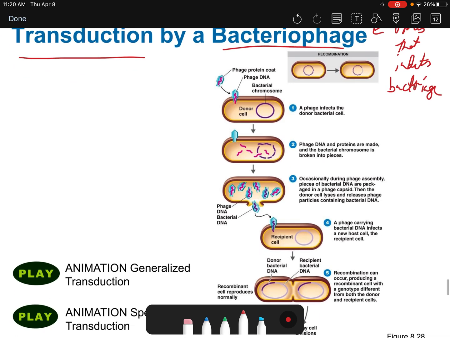Viruses have a protein coat and a nucleic acid core. So what they do is they inject. They are like little space ships that dock and land on the outside of the bacterial cell, and they basically inject their DNA into the cell.